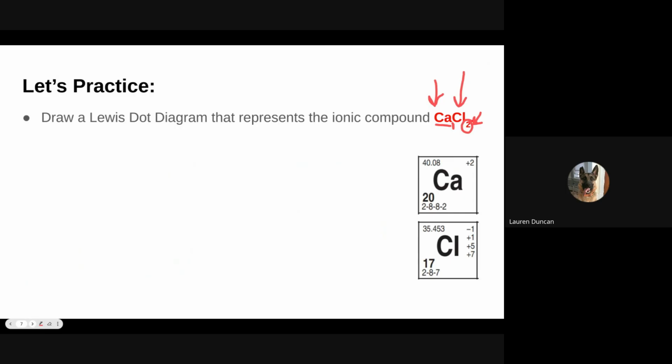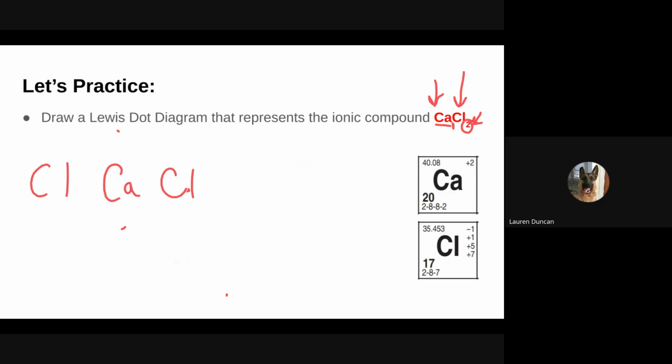So like I have 1 calcium here, and then I have 2 chlorines. It doesn't matter where the chlorines go, like top, bottom, right, or left, but just notate 2 chlorines. I'll go left and right on either side of the central calcium. So again, the atom you just have one of, stick it in the middle, and then surround it with the atoms that you have more than one of.